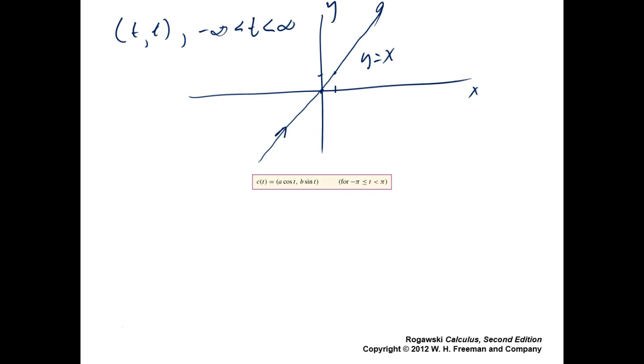This is a pathway, which means it not only plots out a pattern, but also has a direction. Because as your t's are negative, you're way down here, and as they're getting more positive, they're out there. So this is the direction of increasing t. That's the only thing you do beyond that. Okay? Was there another question you had with that? Okay. Need to see some of the others?